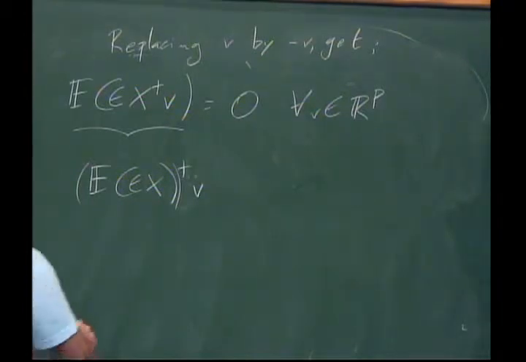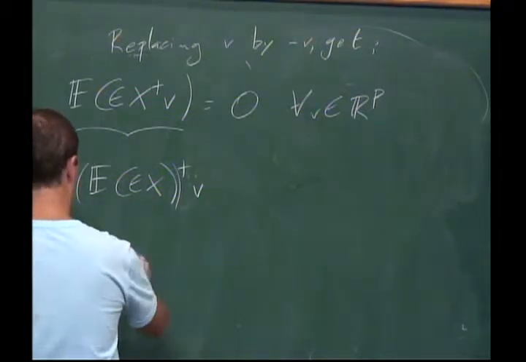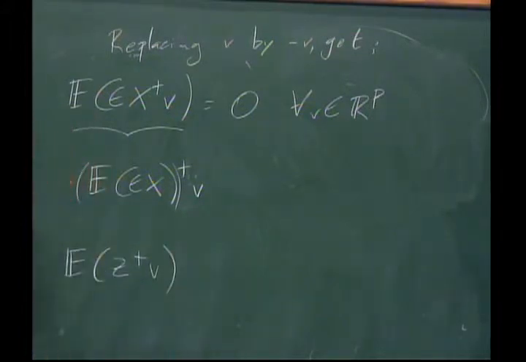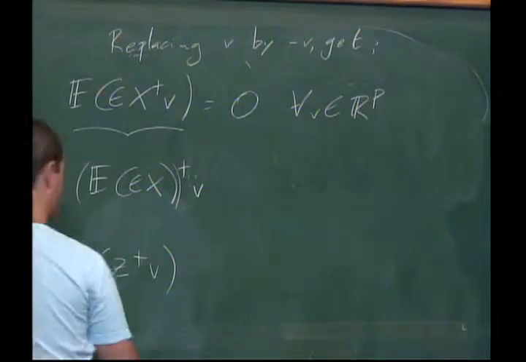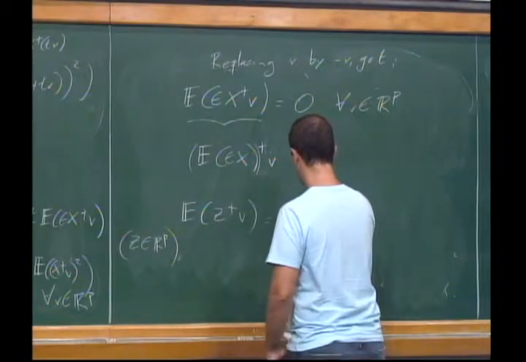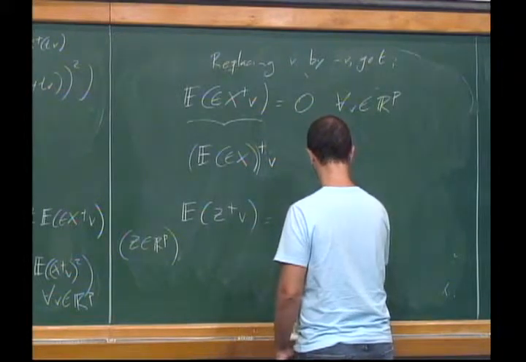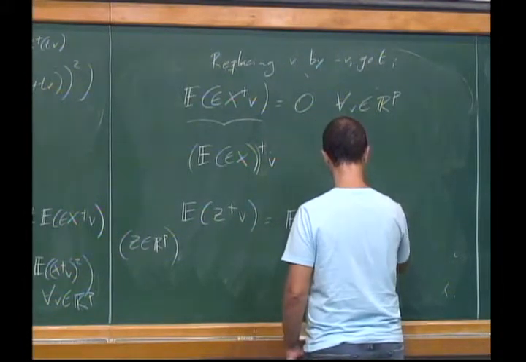So why is this true? Suppose you have any random vector Z that belongs to R^p and is random. This thing here, by definition, is just this sum here.